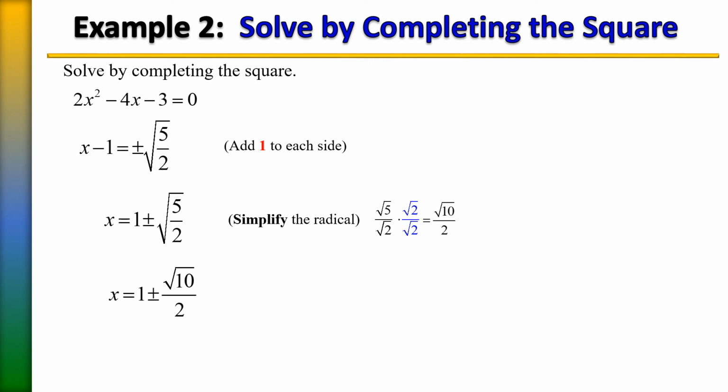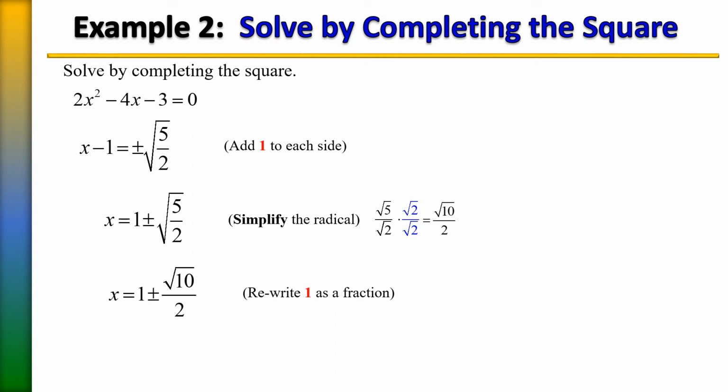However, in some forms or textbooks, or some instructors may require you to go even further with simplifying that. If so, we can simplify it by rewriting 1 as a fraction. Recall that any number over itself equals 1.